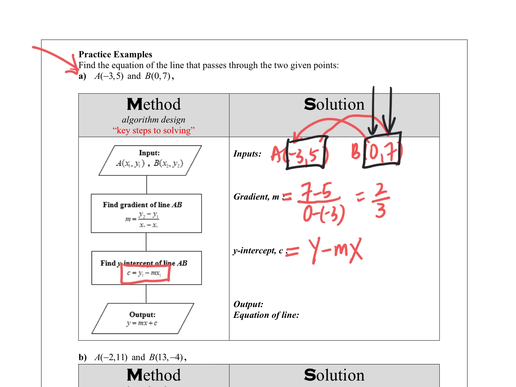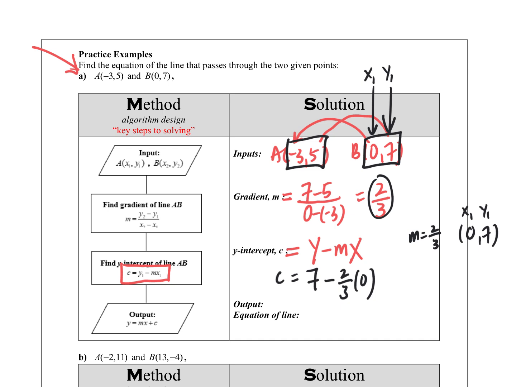So I'm going to choose this as my x1, y1, and I sub in. So my y is 7, gradient is 2/3, and my x is 0. Again, how do I get it? I know my gradient is 2/3. My x1, y1, I choose it to be 0, 7. So these are the values you put in to find your y-intercept. In the end, your y-intercept is 7.